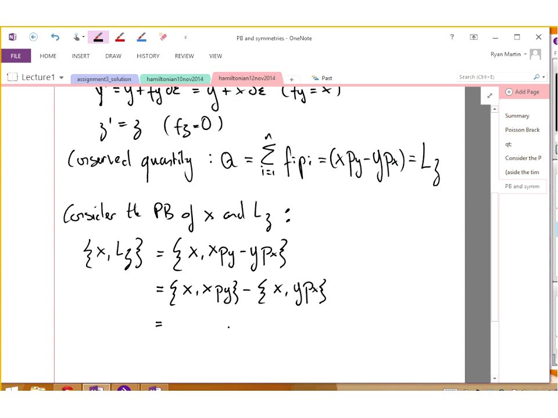That's going to be equal to the Poisson bracket of x and x with Py plus Py times the Poisson bracket of x with x, minus y times the Poisson bracket of x and Px, minus Px times the Poisson bracket of x and y.